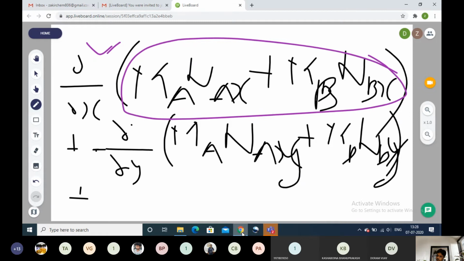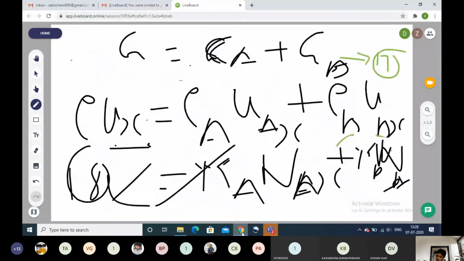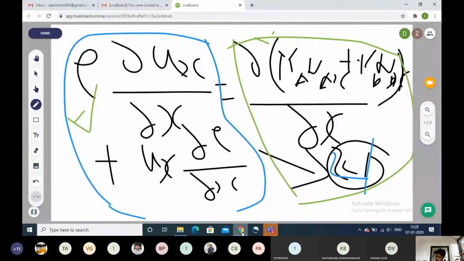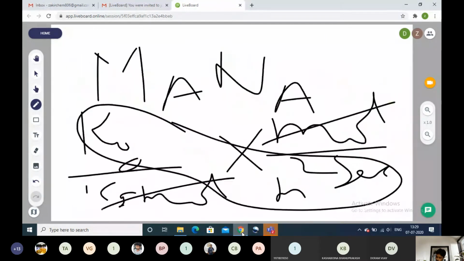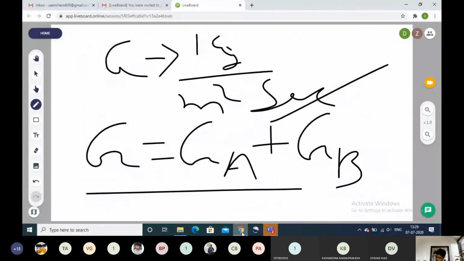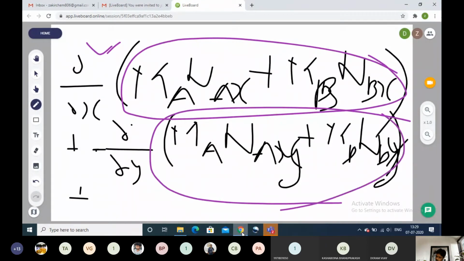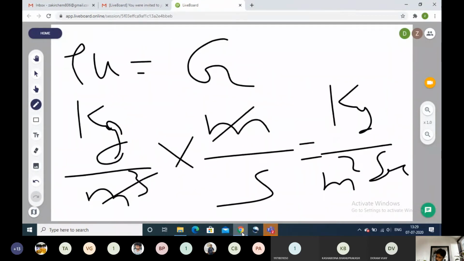So in place of this, we have to write equation 21. Equation 21 is this one. So instead of this, we have to write this one there. Next, in equation 16, this is for the y component. In place of this, we have to substitute equation 22.